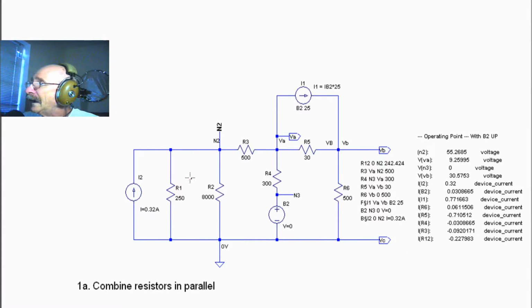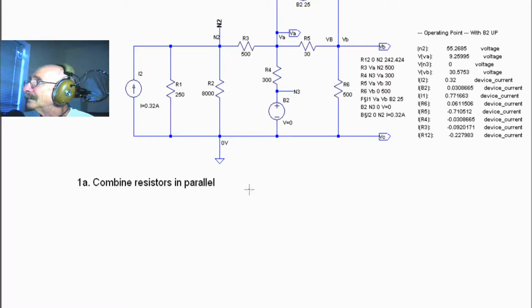Alright, so now what we have is these two resistors in parallel, R1 and R2. Another technique for simplifying the circuit is that now we've made one source transformation, and we can make a second source transformation.